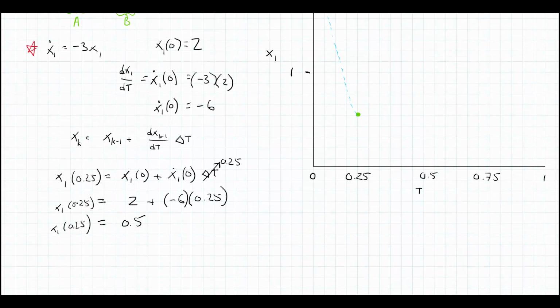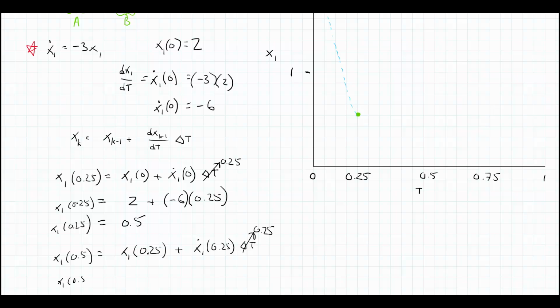Now we're going to do the same thing over again. I need to know, for my next time step, x1 of 0.5 seconds. What is its value? That's going to be x1 at 0.25 seconds plus x1 dot at 0.25 seconds times my delta t, which once again will be 0.25, because the time step between 0.25 and 0.5 is another 0.25.